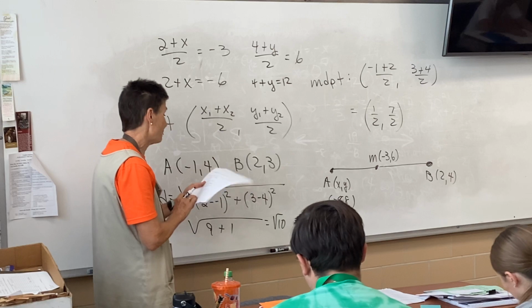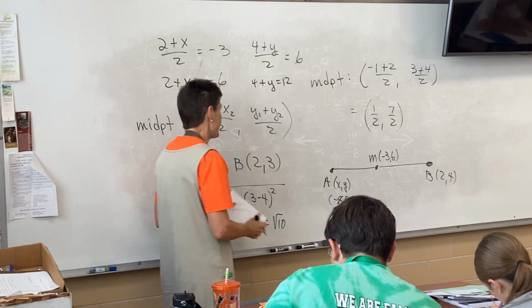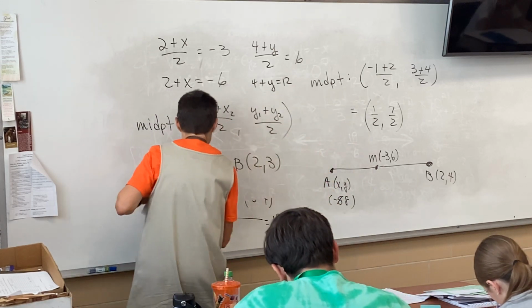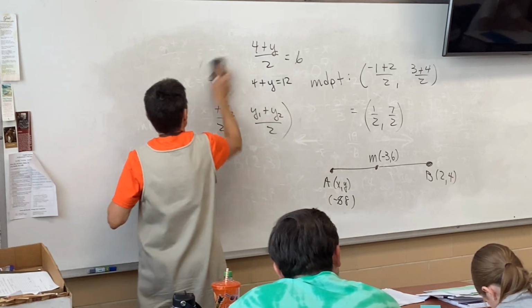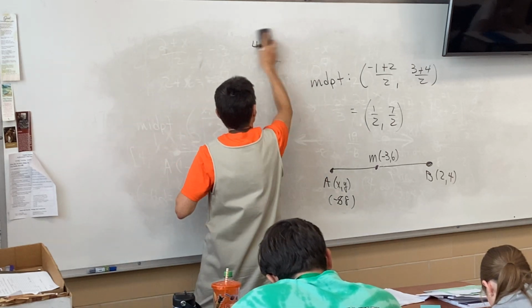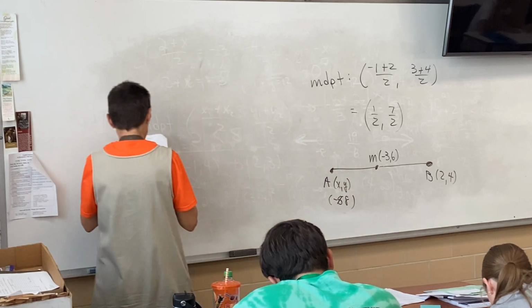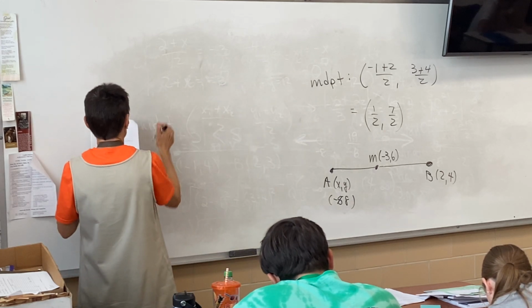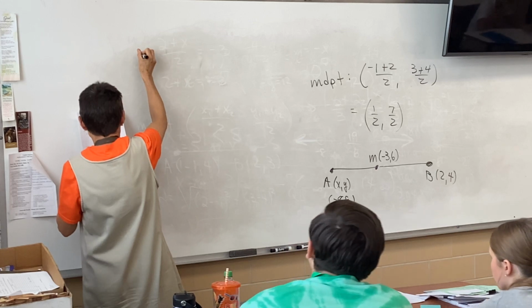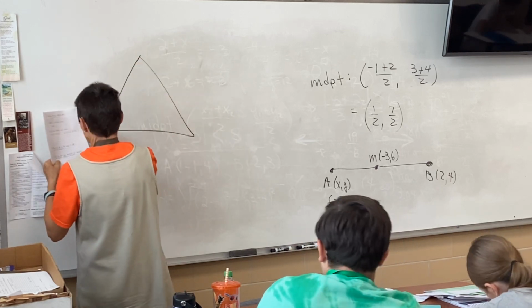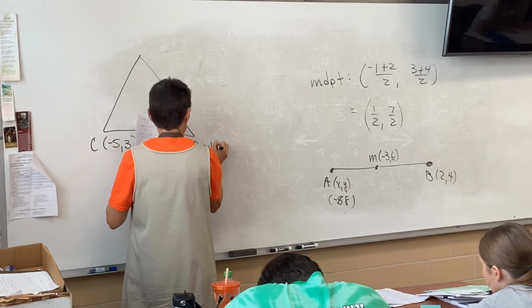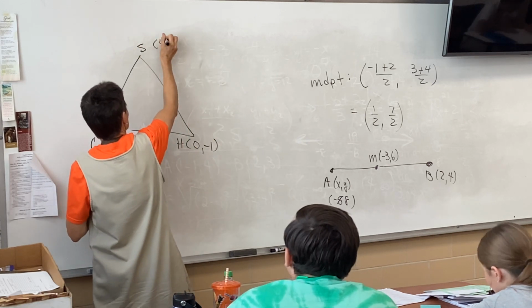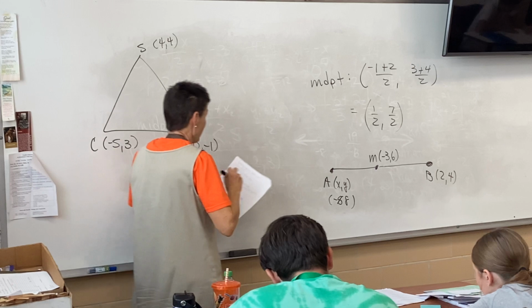Find the area and perimeter of triangle CHS. All right. What are you thinking about this? Now, obviously, I've plotted my points.